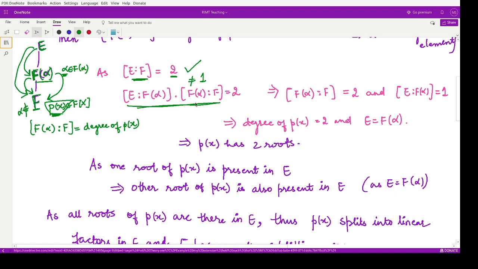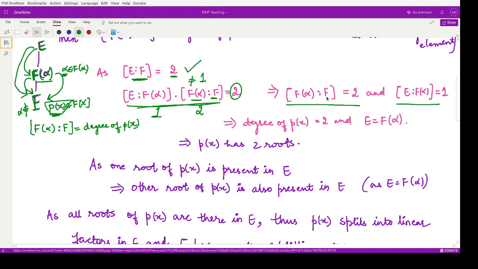If the degree were 1, they would have to be equal, but here they are not. So this degree cannot be 1, and the product is 2. That means one has to be 1 and one has to be 2. So the degree of F(alpha) over F is 2 and the degree of E over F(alpha) is 1.